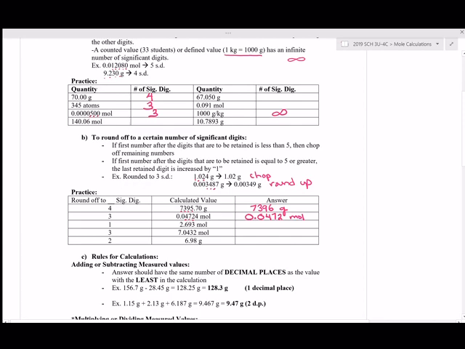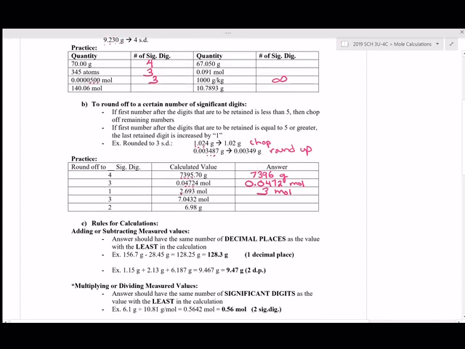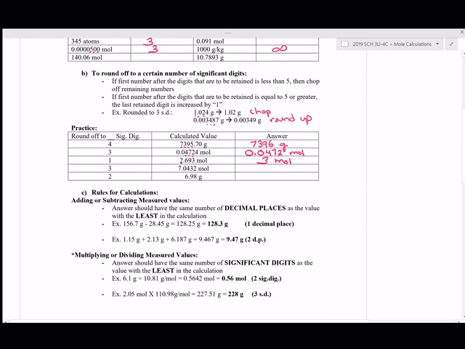Okay, we'll do one more. So this one I only want 1 significant digit. So I want just one whole number. So should it be a 2? Should it be a 3? Well, because the next number is a 6, it should definitely be a 3. And that will be 3 moles. Okay. So hopefully you can finish those last 2.